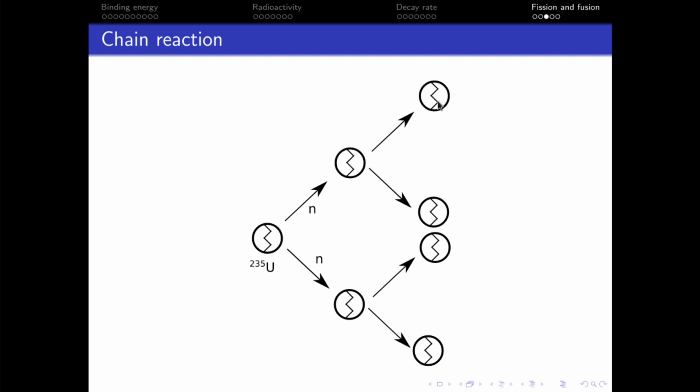One of them is not absorbed, which goes to break another nucleus. So we try to keep the reaction one-on-one instead of having it multiply and break a bunch of other nuclei.